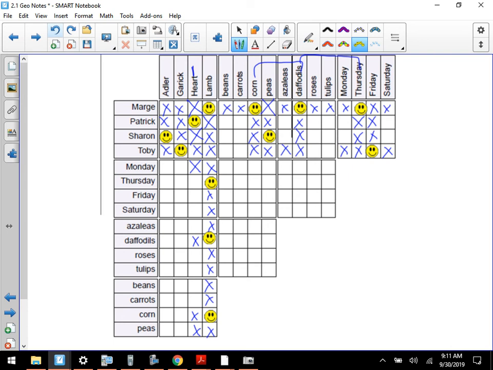Oh no, we don't know about azaleas yet, because that's going to be one of those two. And he's not Thursday, not Friday. Which means he has to be Saturday. Everybody see that? Which makes Adler Monday. So now Patrick then was Saturday.